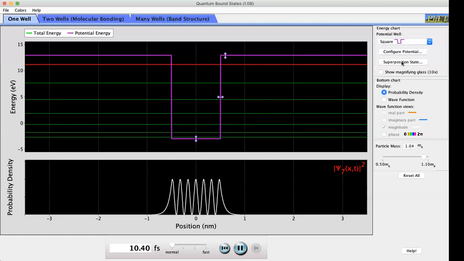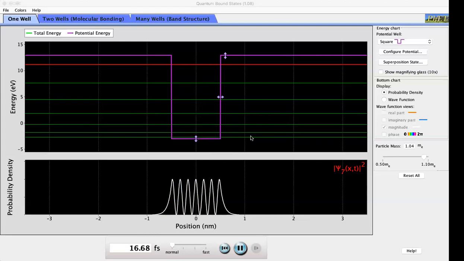But I can superpose two modes. So let me superpose mode number 1 and mode number 3. I'm going to do this kind of a superposition. I'm going to normalize, which adjusts these coefficients to normalize the probability density.